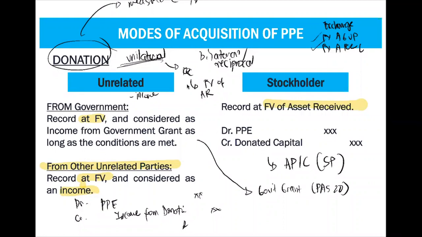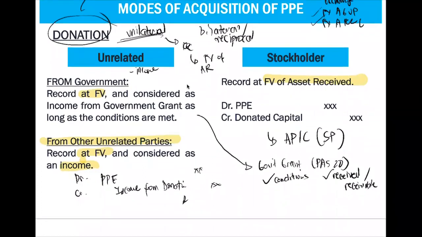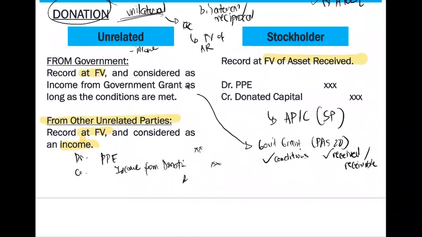If ever we meet the conditions and it is received or receivable. So if we say it is a donation from government, what type of donation is this? Or what type of grant is this? This is a grant related to asset. Grant related to asset. I hope you still remember this one with your CFAS.